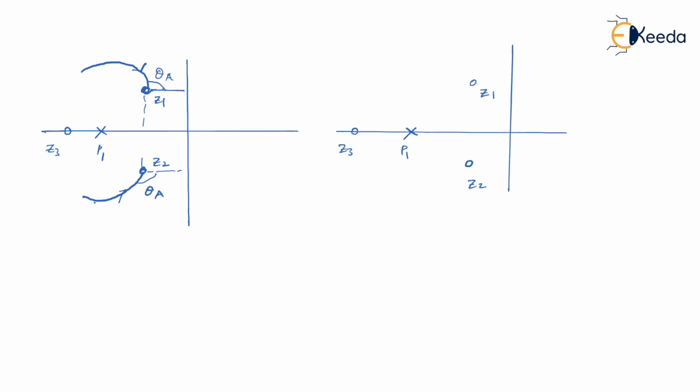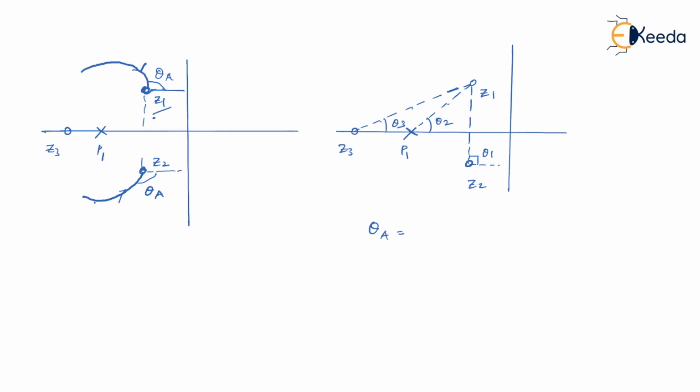So I'm going to join Z2 to Z1, then I'm going to join P1 to Z1, and I'm going to join Z3 to Z1. Of course you have to record the angles: let's say this is theta 1, this is theta 2, and this is theta 3. Now let us calculate theta A.